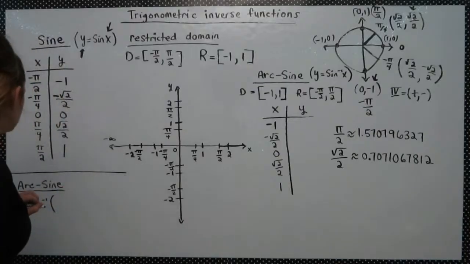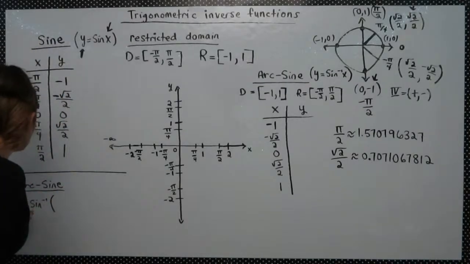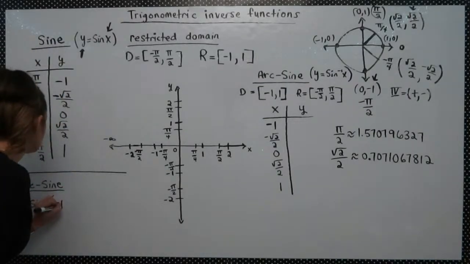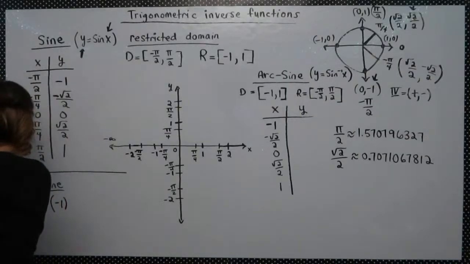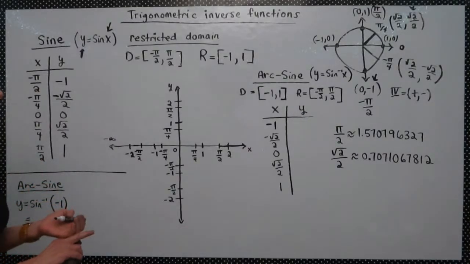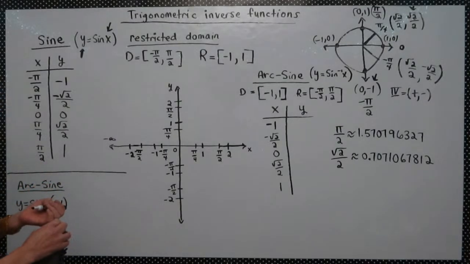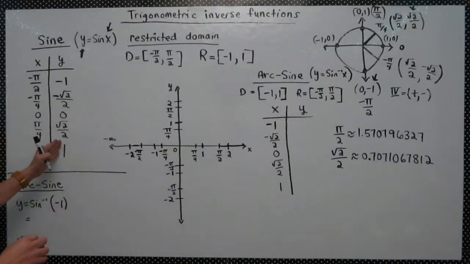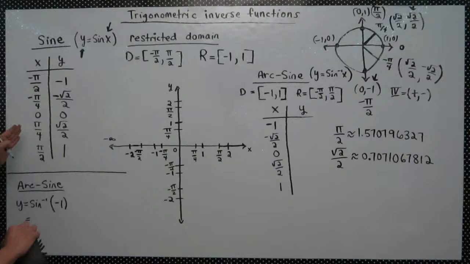So you'll say, when is Arc-Sine of -1? It's plugging in the value and it's going to return an angle. So instead of getting an angle and returning a value, you're plugging in a value and it's telling you the angle measure at that value.